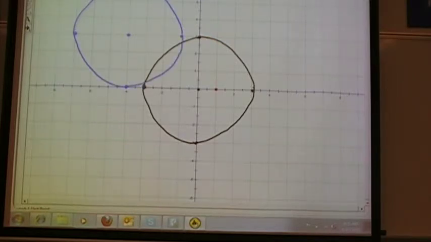So the blue circle is a translation of the black circle. When we're doing this, do we have to always draw the before one? No, if you just draw the translation, you're fine. Okay. Everybody got that one? Good, moving on.